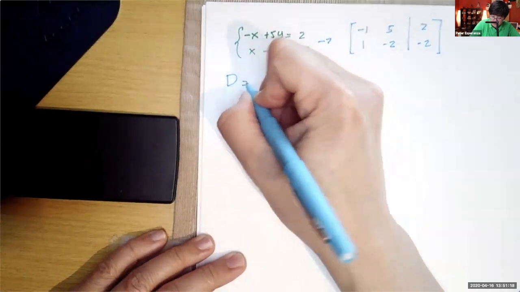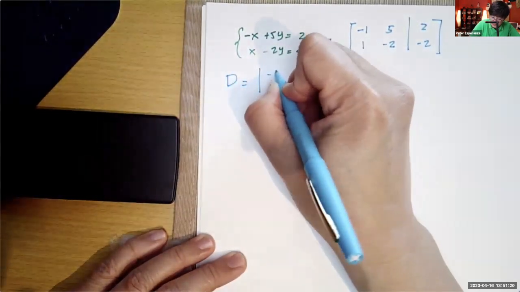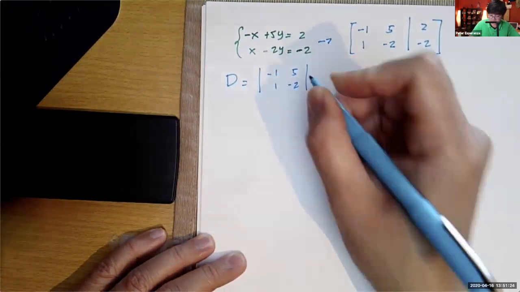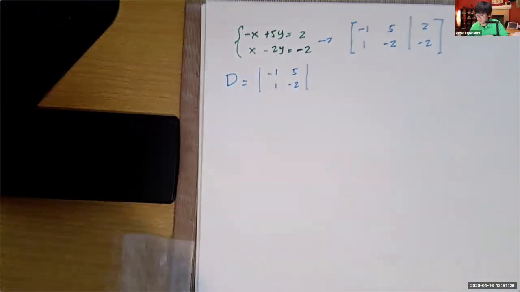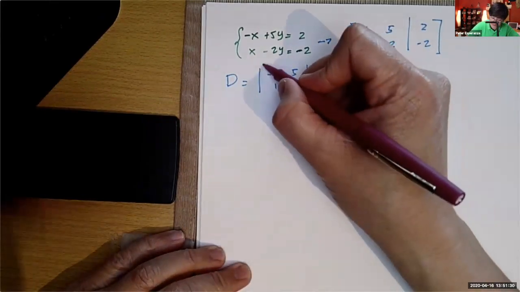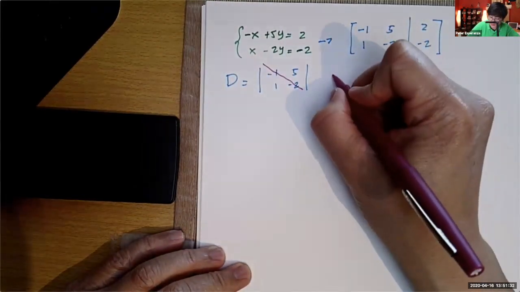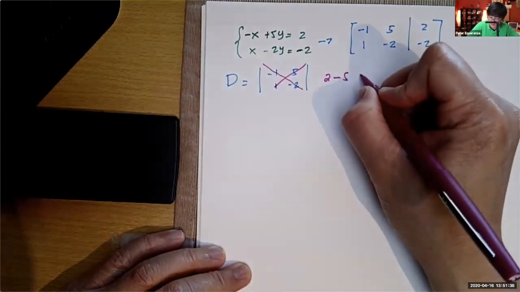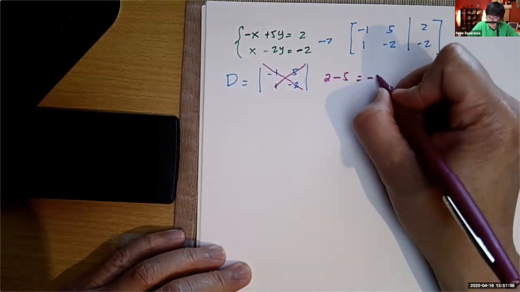D is negative 1, 1, 5, negative 2. Okay. So the first determinant is always the easiest. Positive 2 minus positive 5 equals negative 3.